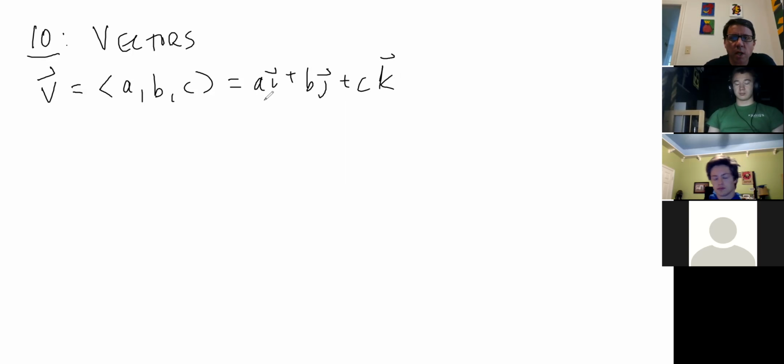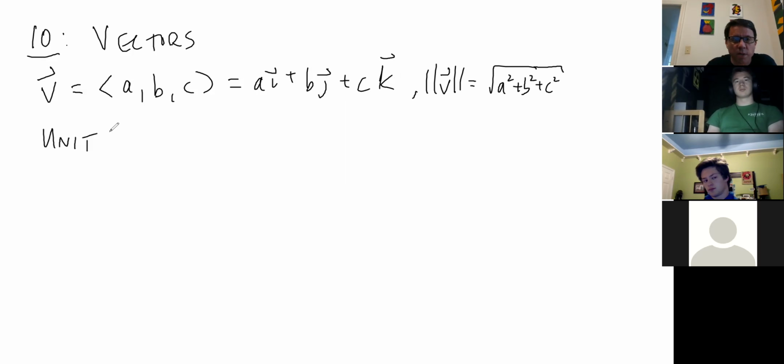perpendicular to each other. And then the idea is that you can talk about the magnitude or the length. It's just an extension of the Pythagorean theorem, so we get a squared plus b squared plus c squared. And the key is that you can talk about something called a unit vector, which just means that it has magnitude or length 1.